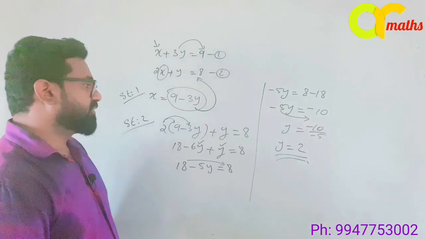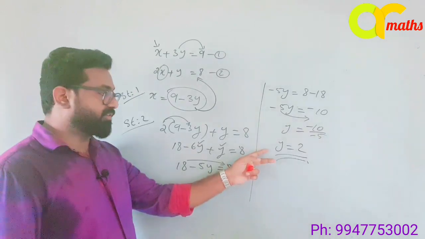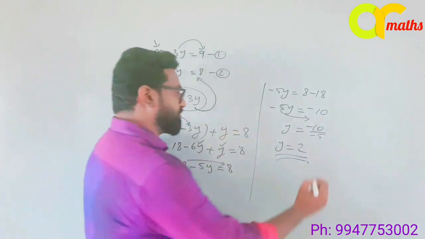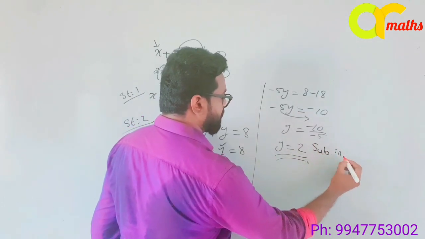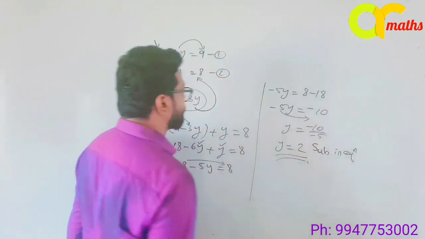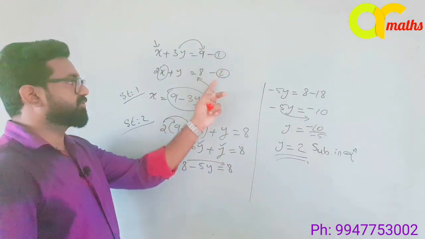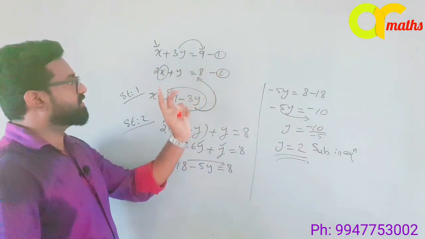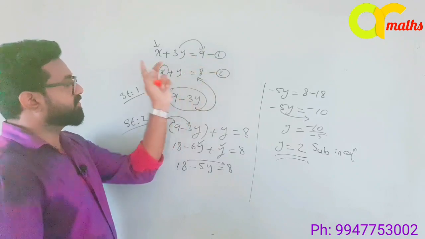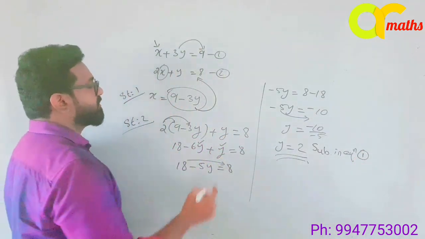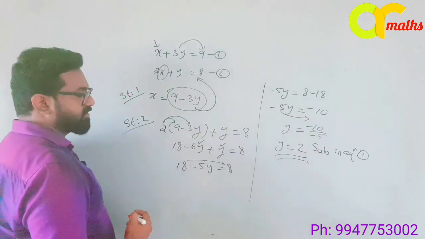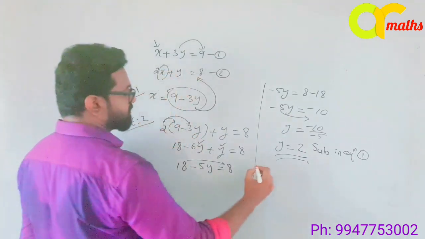Next, we have to find the value of x. How to find the value of x? Substitute y equal to 2 in equation 1 or 2. You can substitute in any equation, no problem. So I am substituting the value of y equal to 2 in equation 1.